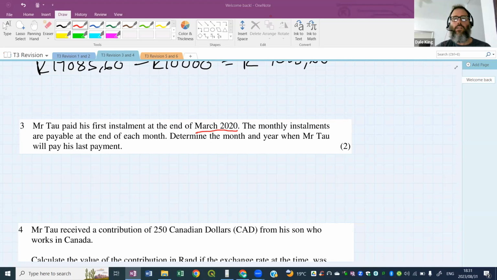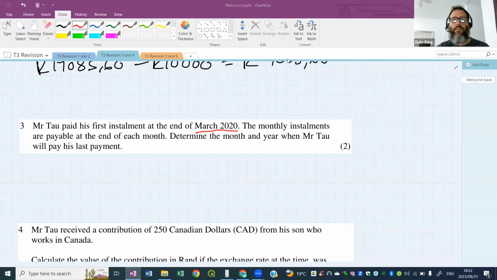Determine the month and the year when he makes his last payments. So when he pays that last payment, when will it be? You guys are saying February 2021. Guys, how many months is he paying?